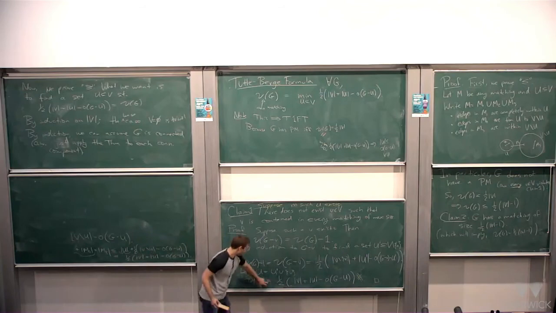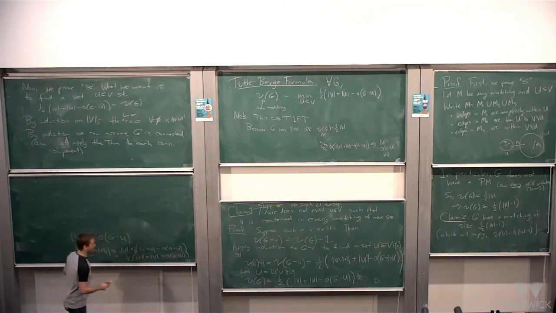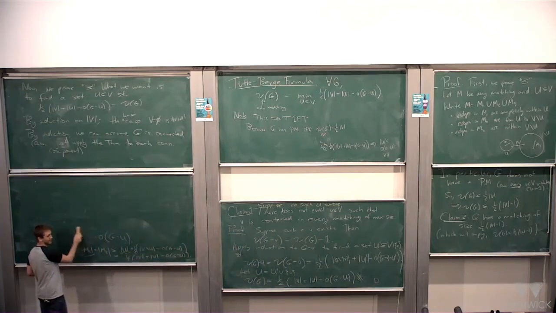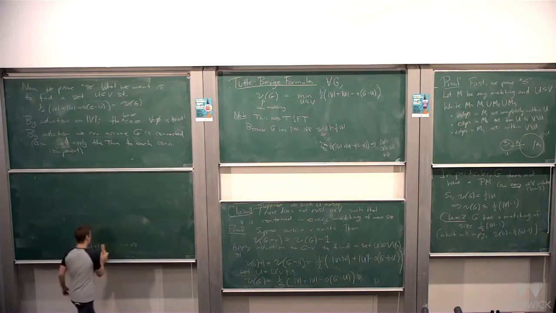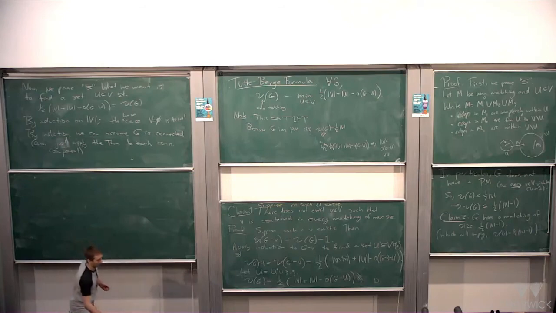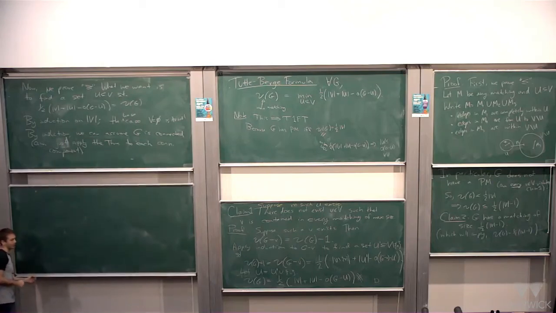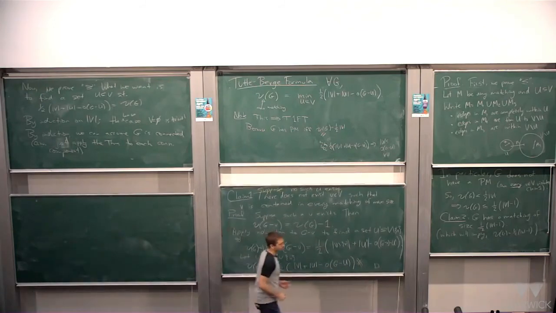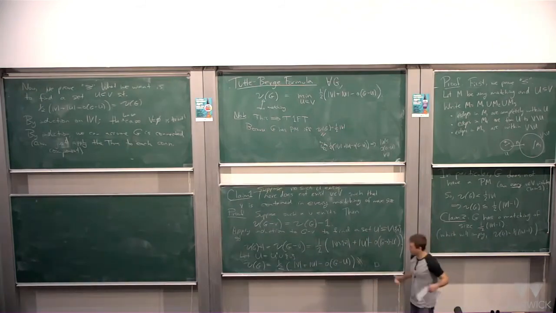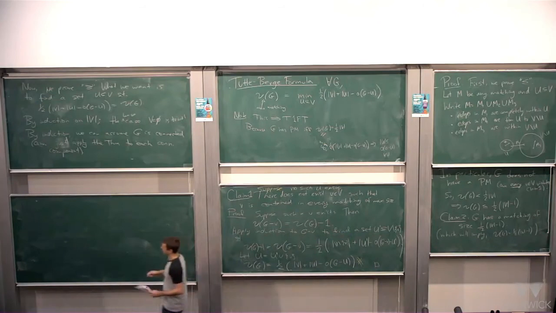By finding this set U, we're contradicting the assumption that no such U exists. V is just the vertex set of the graph. We can discuss afterwards if you want. Okay, so let me explain why this claim 2 implies everything.